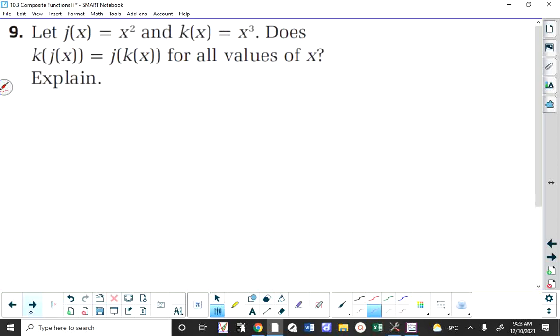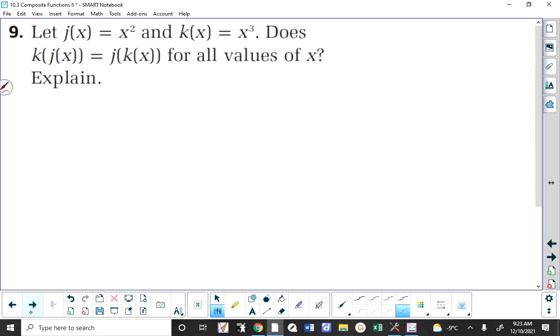So we have j of x equals x squared, k of x equals x cubed. Does k of j of x equal j of k of x for all values of x? If we're going to say that those two things are equal to each other for all values of x, that means we can't start putting in numbers and deciding if some numbers work and others don't.